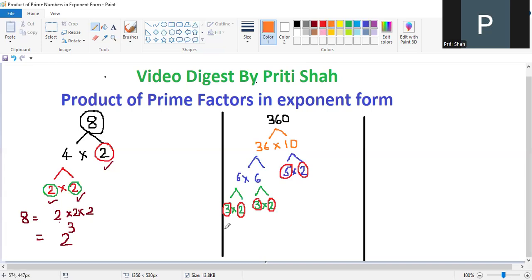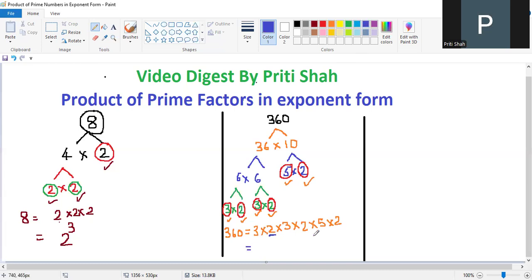So we can write over here 360 is equal to 3 times 2 times 3 times 2 times 5 times 2.